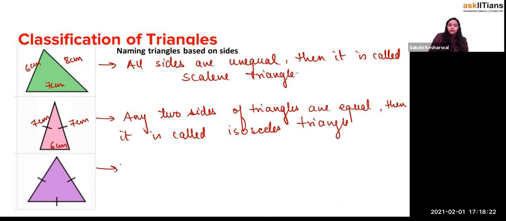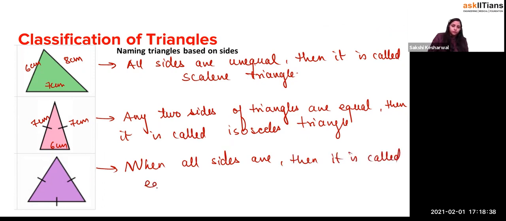When all sides are equal, then it is called an equilateral triangle.